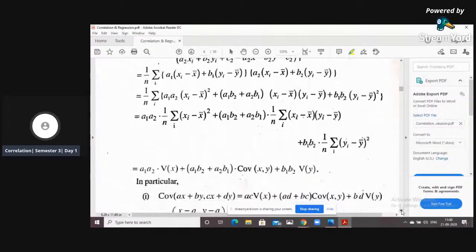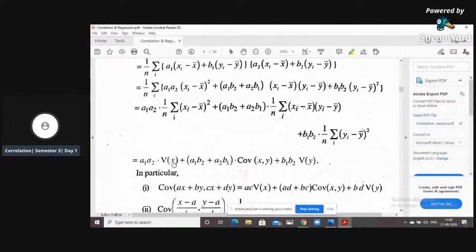Finally, a1 a2 variance of x. As I said, from semester 1, this is your formula for variance. So this becomes your variance of x. This you have learned just now, it's the formula of covariance xy. And finally, this is your variance of y.